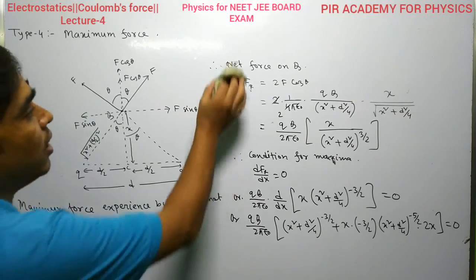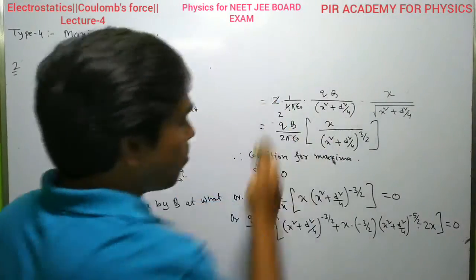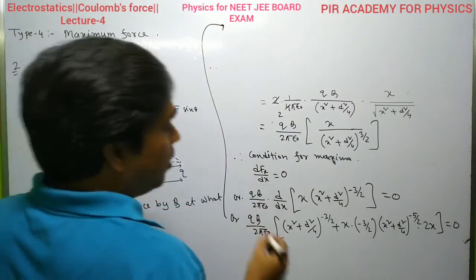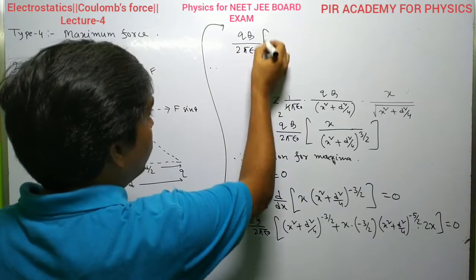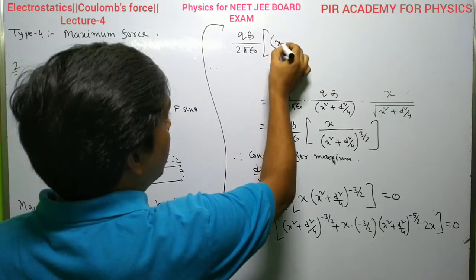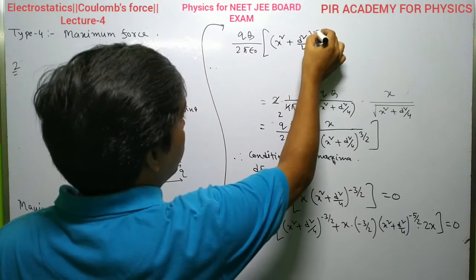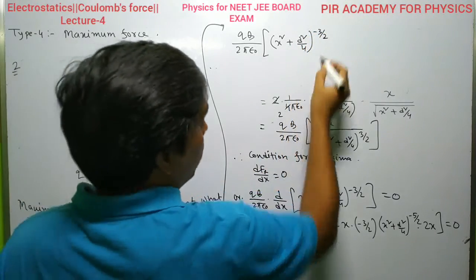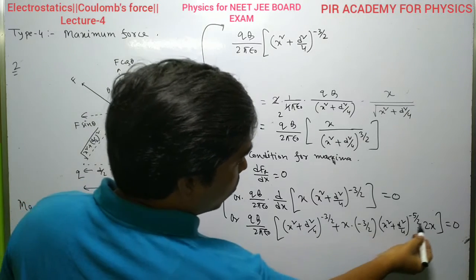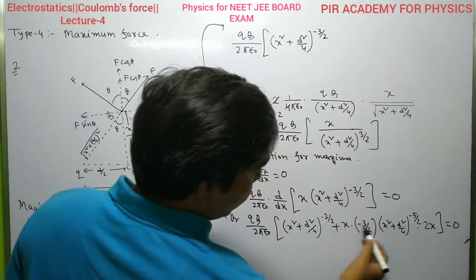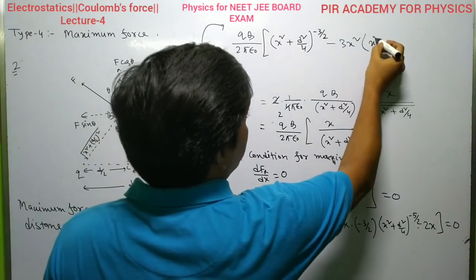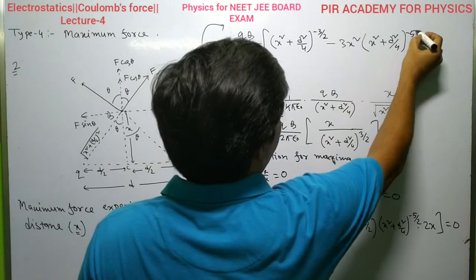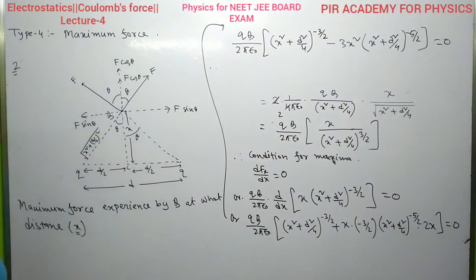So from here you can write, q divided by 2 pi epsilon naught, (x square plus d square by 4) to the power minus 3 by 2, minus 3x square, and another term (x square plus d square by 4) to the power minus 5 by 2, equals 0.